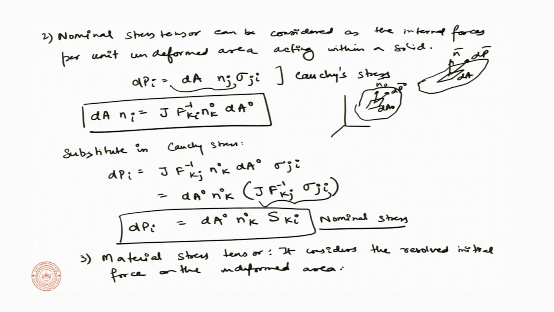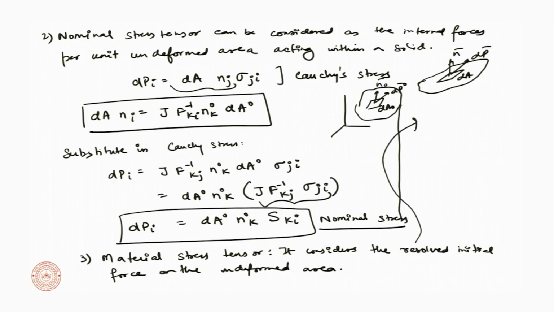So what it does, it also takes a final force to its initial state, what could have been the projected initial force and the initial area, right. So you are taking not only the area to the original format, you are also taking the force to the original format. So if that is the case, let's write it over here.